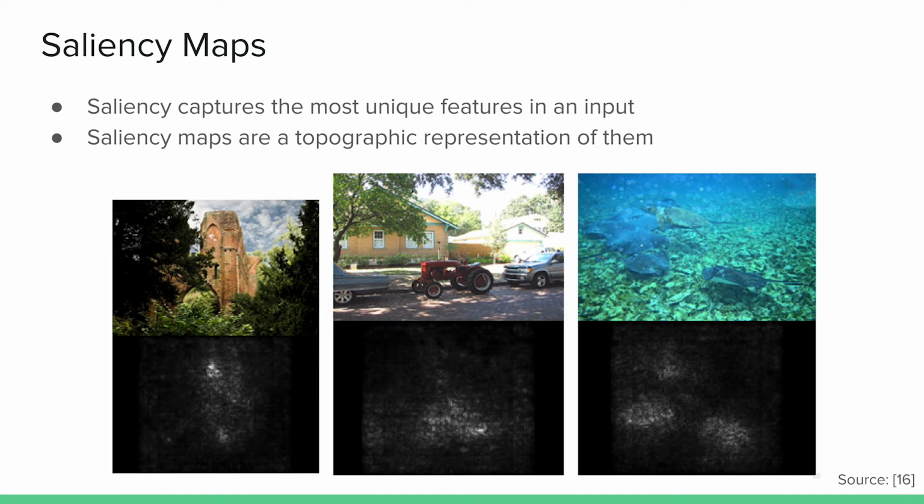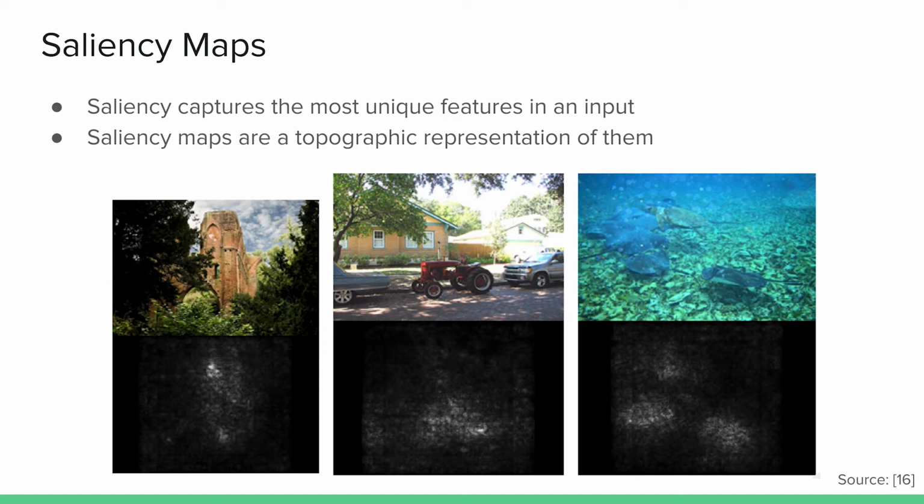For images, saliency would capture the unique features, in our case pixels, of the most visually alluring locations in the image. Basically saying where it took a certain piece of information and where it should look, which makes a lot of sense if you have a visual computing problem where images are being processed.